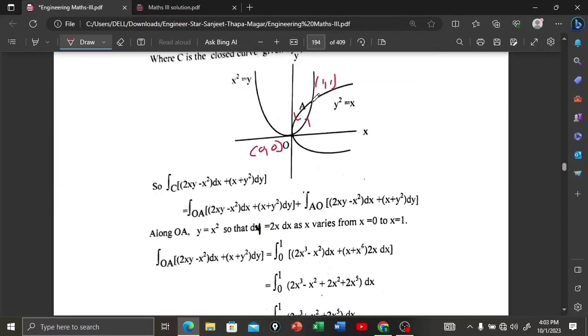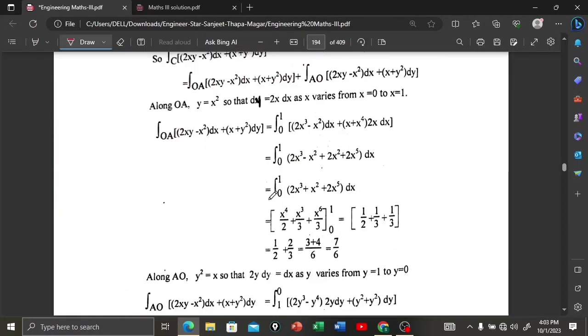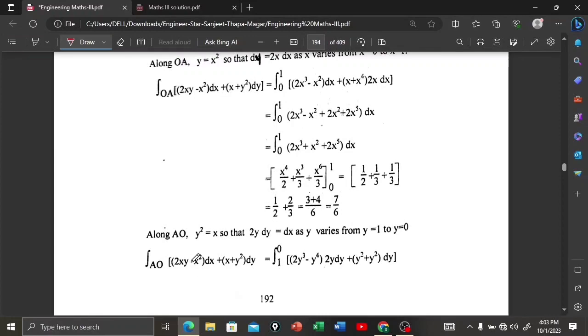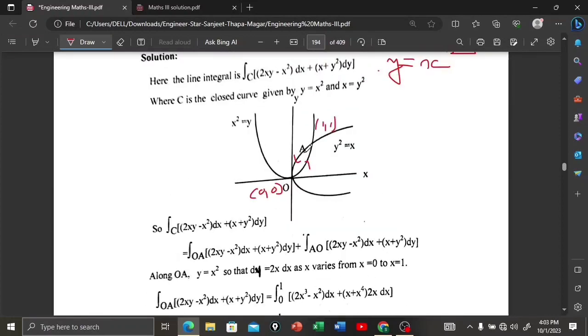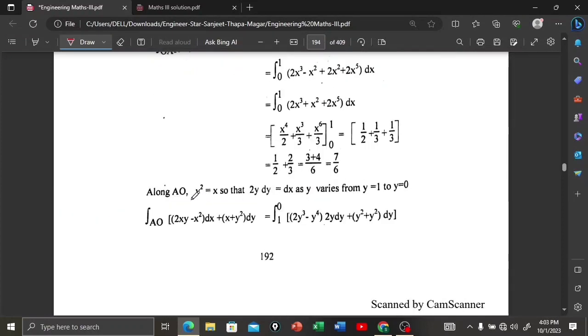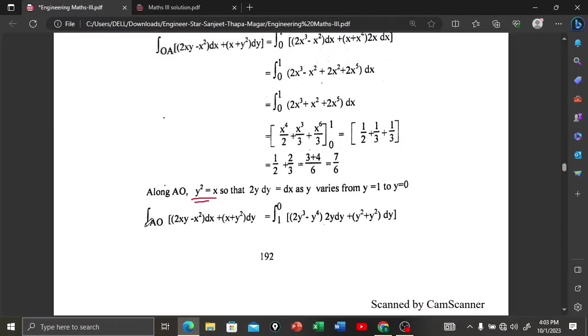Now along this AO, the curve is y square equals x. Here you can convert this into either x or y, and the limit also either x or y, but you should choose in such a way that it is easier.